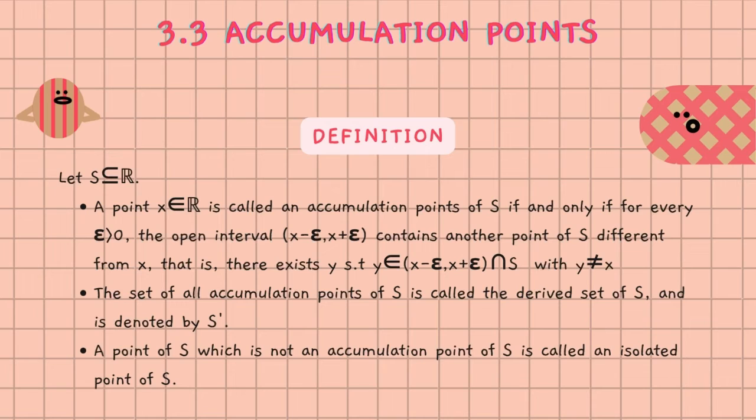That is, there exists y such that y is in the open interval intersect S with y not equal to x. Next, the set of all accumulation points of S is called the derived set of S and is denoted by S prime. A point of S which is not an accumulation point of S is called an isolated point of S.